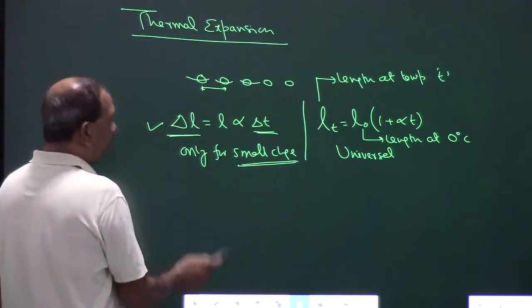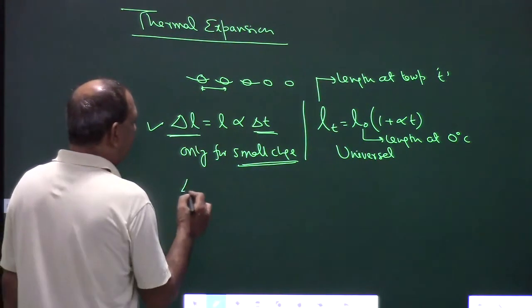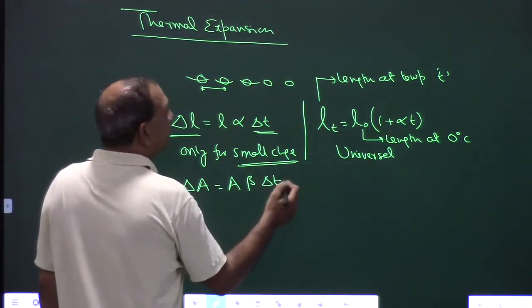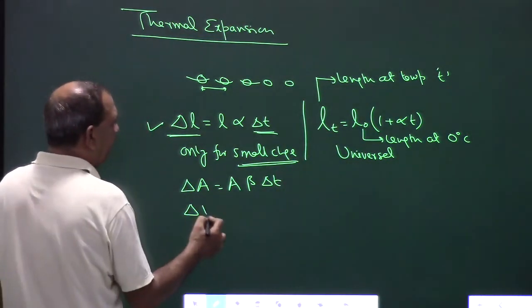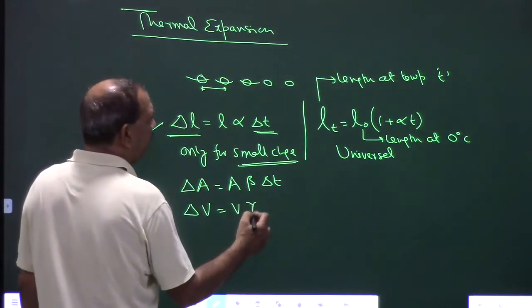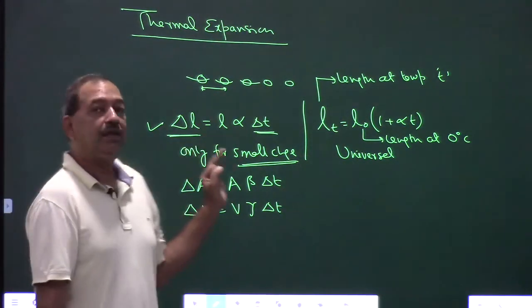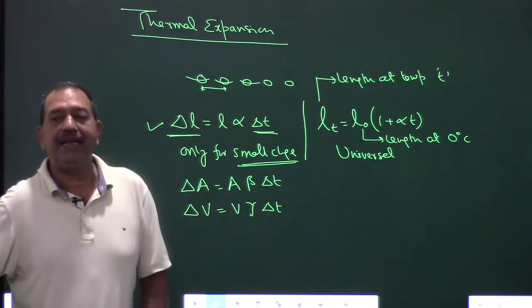Similarly, the formulas for area expansion become delta A is equal to A beta delta T, very much like there. Delta V is equal to V gamma delta T. These alpha, beta, gamma are coefficients of thermal expansion.